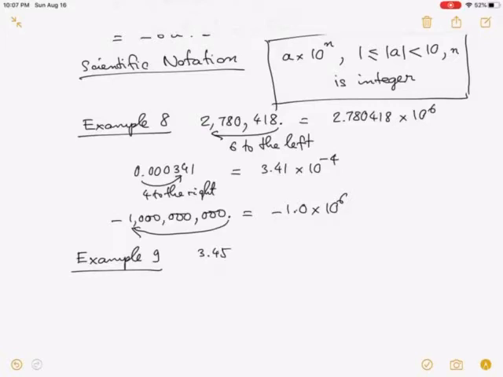If we have 3.45 times 10 to the power 6, we write 3,450,000, because we move the decimal point 6 places to the right.